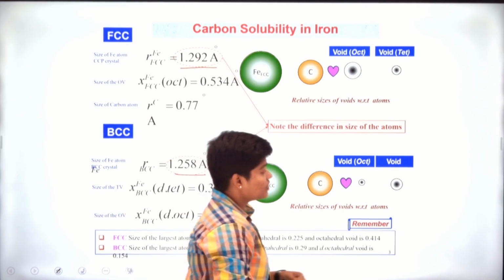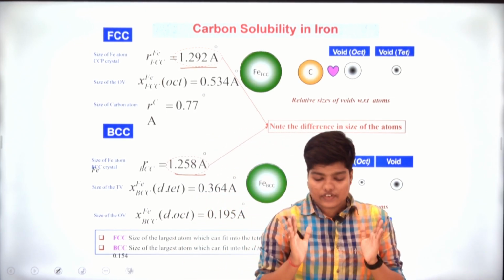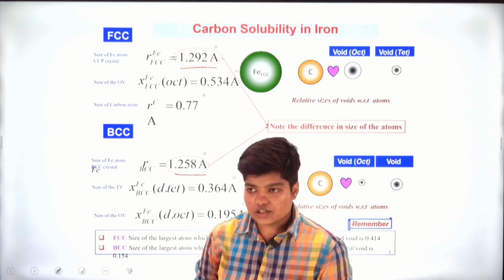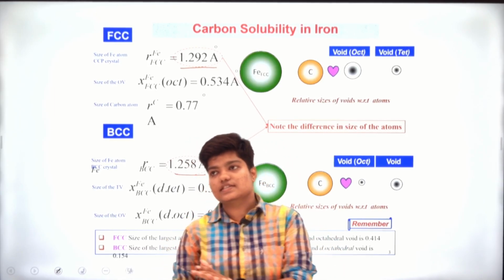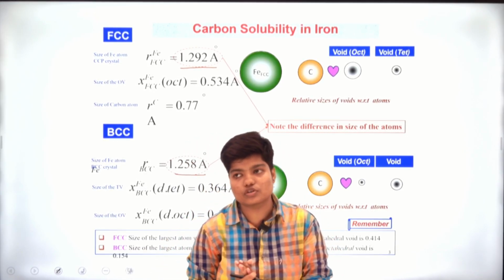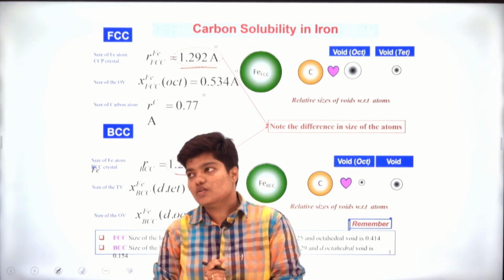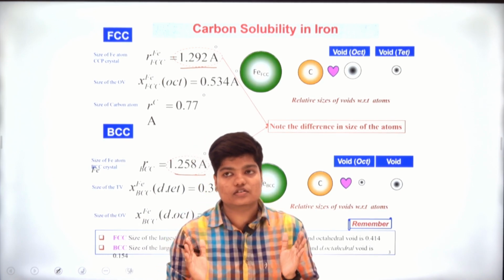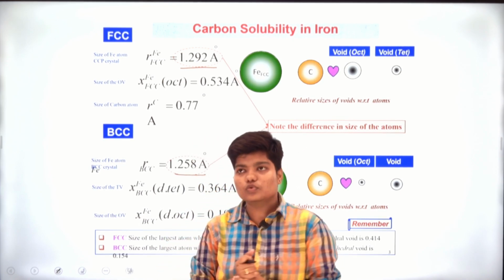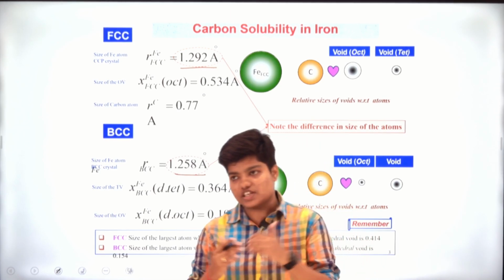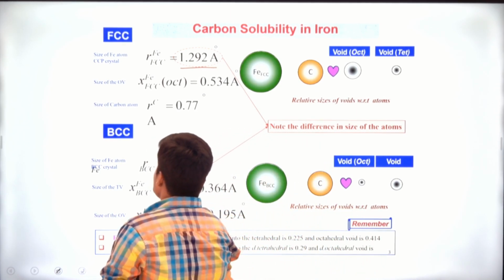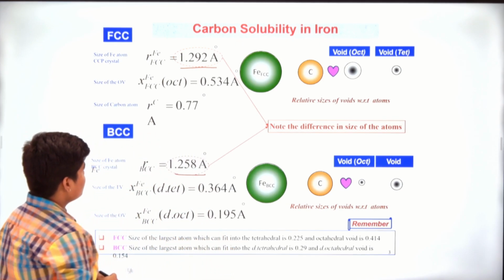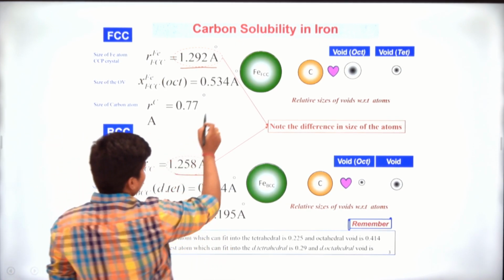Note the difference in the size of the atom. Everyone has a single size, but in any cubic crystal system, due to changes in their lattice point arrangement, the radius of that atom changes. Now in the FCC structure, the size of the octahedral void is 0.534 angstrom.